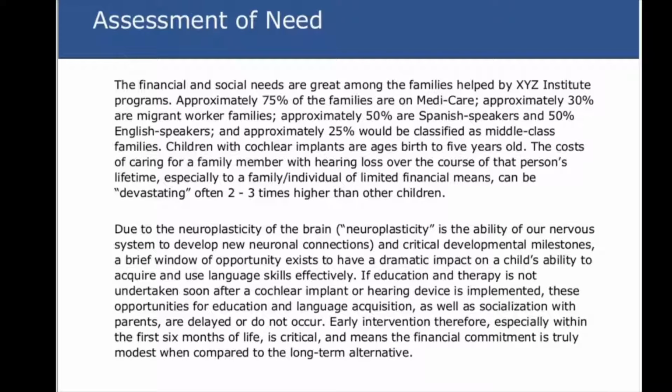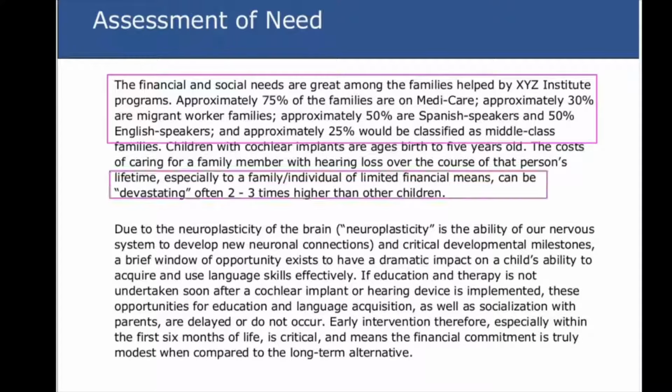I wanted to point out that in here they're going to give the statistics that show that the need for financial aid is there. They're also talking about a very clear statement of what the financial problem is, the fact that children with hearing loss are 2 to 3 times a higher cost in terms of raising children.